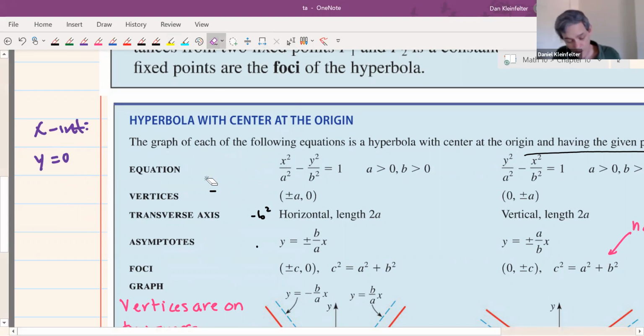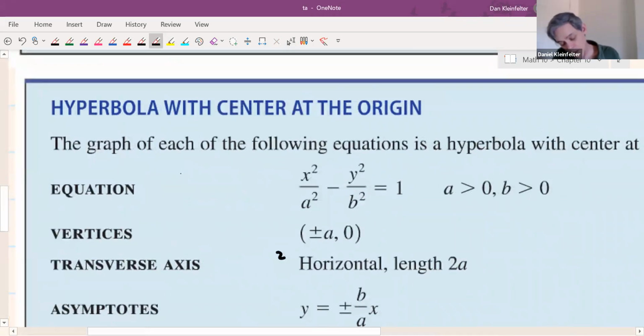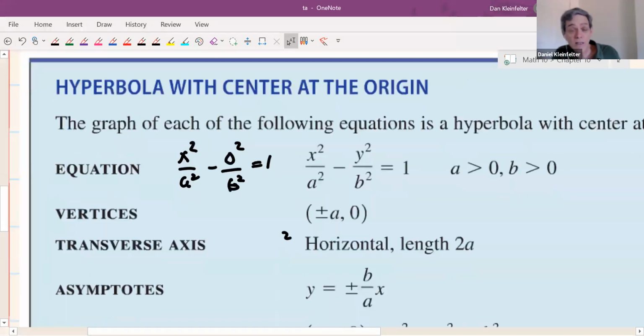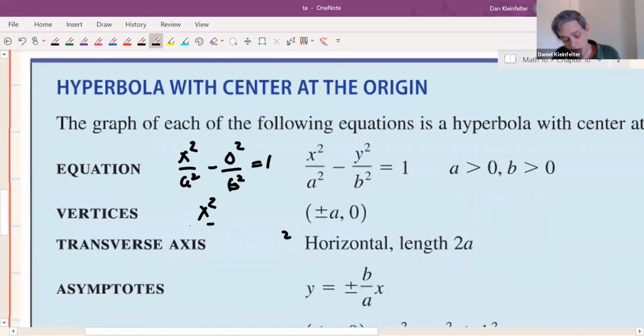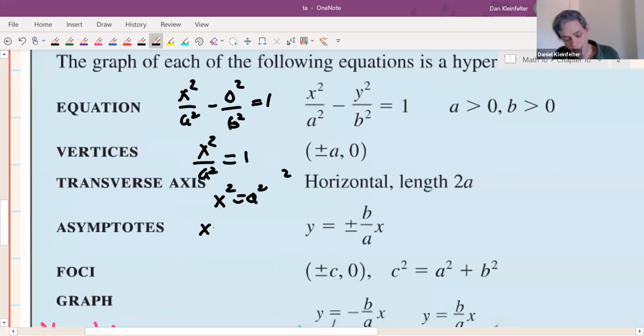So if instead we have y equaling 0, we'd have x squared over a squared minus 0 squared over b squared equal 1. And so we'll have x squared over a squared equaling 1. So x squared equals a squared. So x has to equal plus or minus a when y is equal to 0.